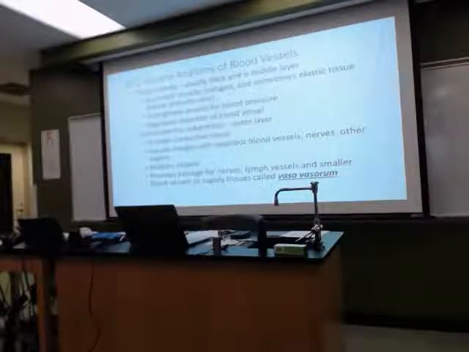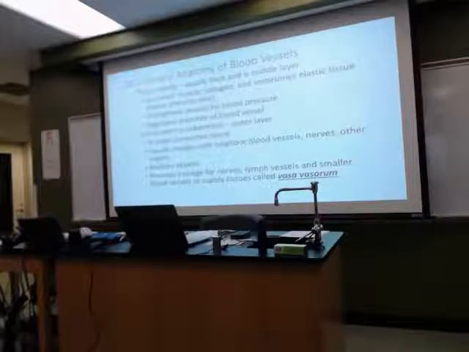Okay? So blood vessels, when you look at roughly smaller to the medium to the large, what you're going to see in that vessel is you're going to see a little entry for these vessels.